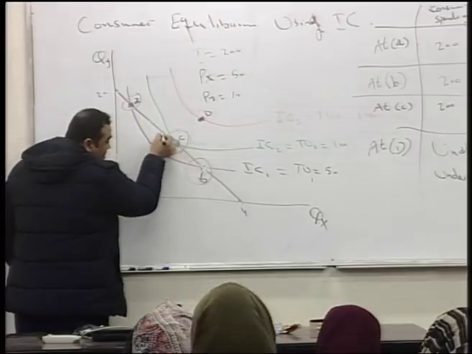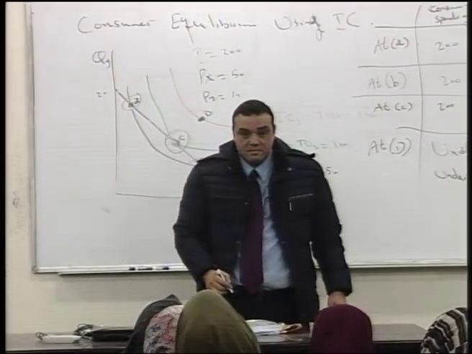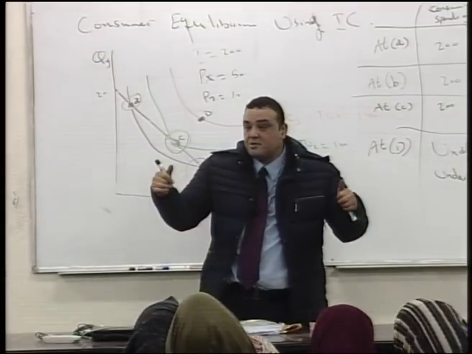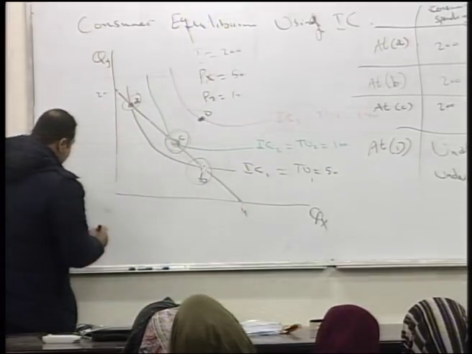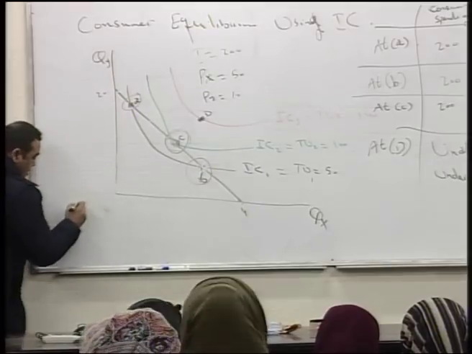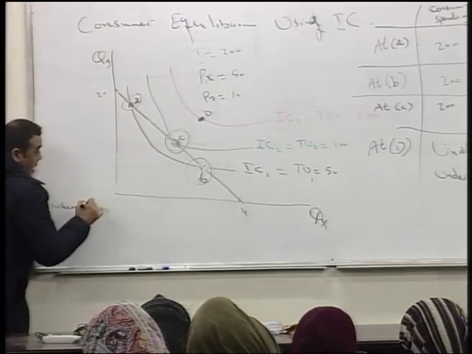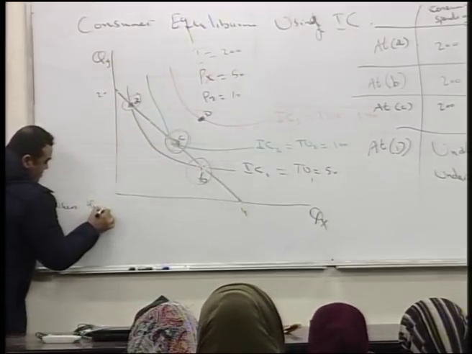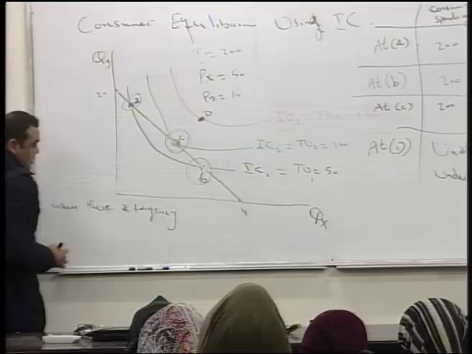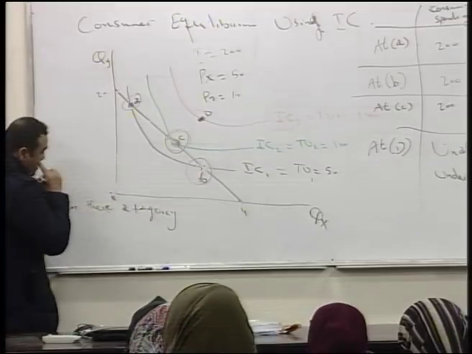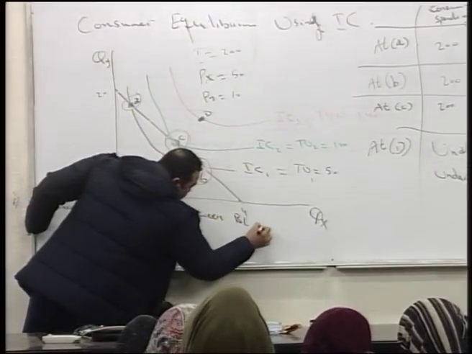اعمل السلوب تبع indifference curve لازم تعمليه هيك. صح؟ Once again, then the consumer equilibrium achieved at the point at which the slope, or at the tangency point, or when there is a tangency between the budget line and the indifference curve.